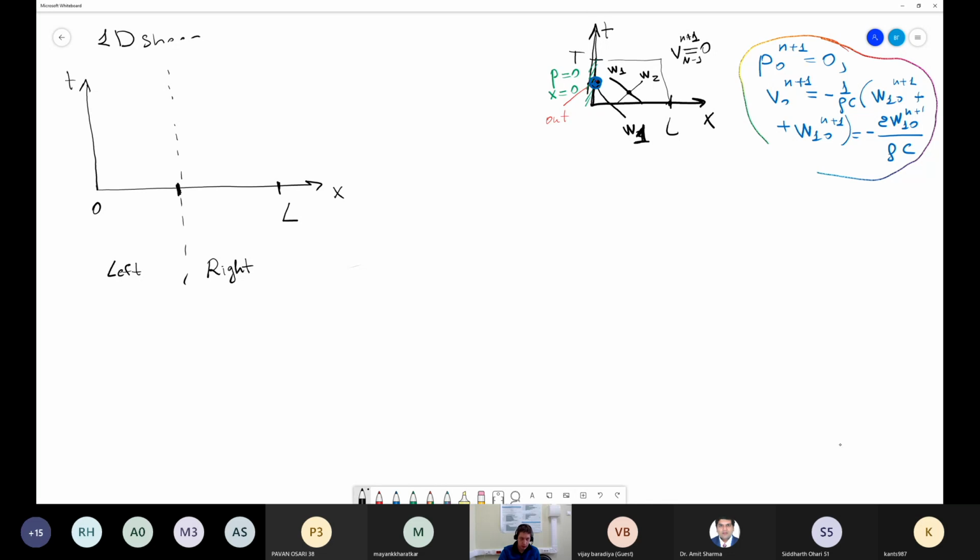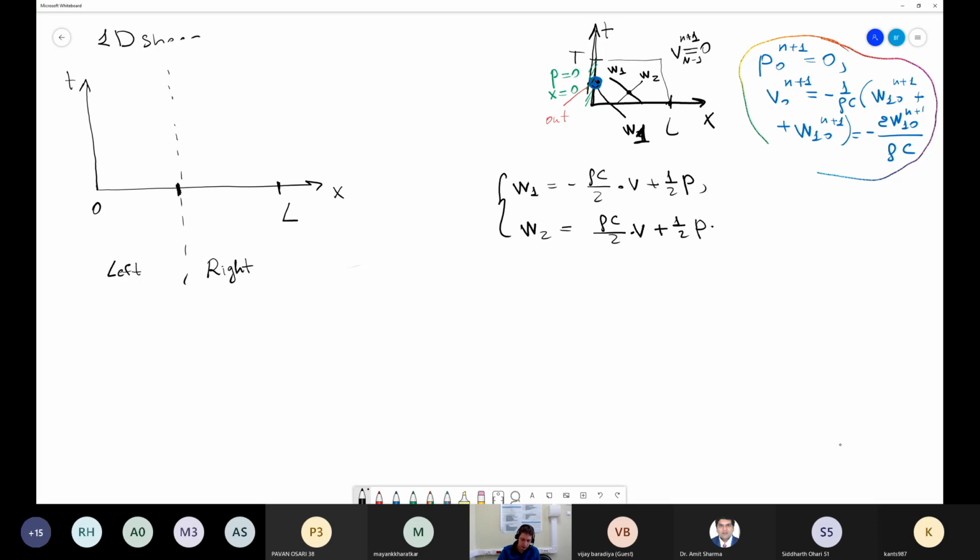We know that we can write in the general case that W1 is equal to minus rho C divided by 2 multiplied by V plus 1/2 of P, and the same for W2 equal to rho C divided by 2 multiplied by V plus 1/2 of P for the internal points. Great.